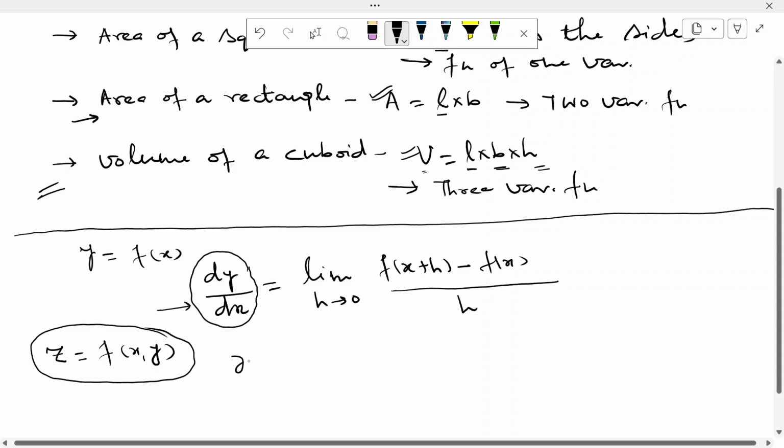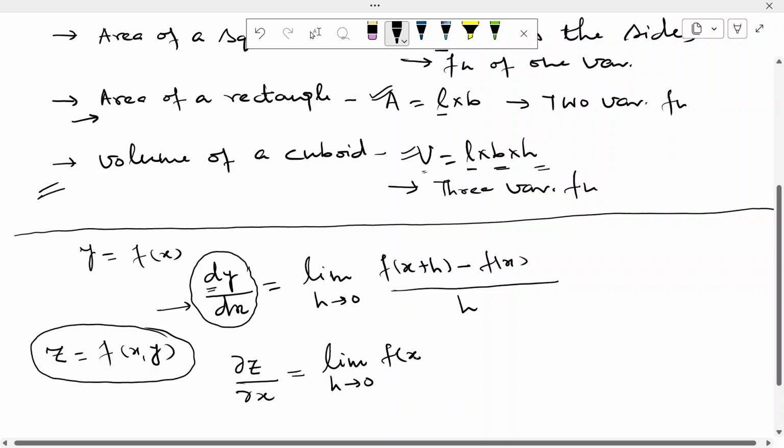The first change is in the notation: in place of d, we are using del. This is how we differentiate between the ordinary derivative and the partial derivative. Now how do we find this? We again have the same concept here.